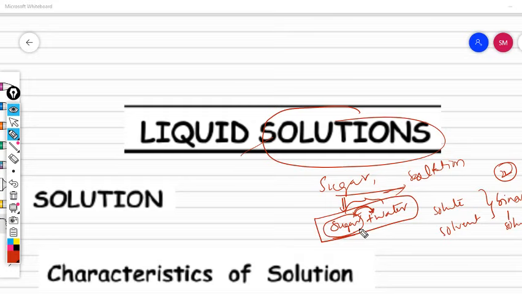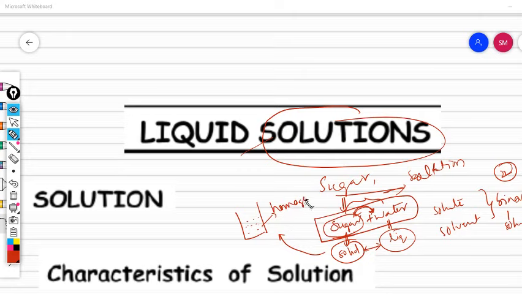Okay. Combination of two components. So what kind of combination? So here one is with solid phase and this is with liquid phase. But if these two are in two different states, can we call it a solution? No. If these two components come together and mix together, forming a liquid which is transparent or homogeneous, then you're going to call it a sugar solution, isn't it?